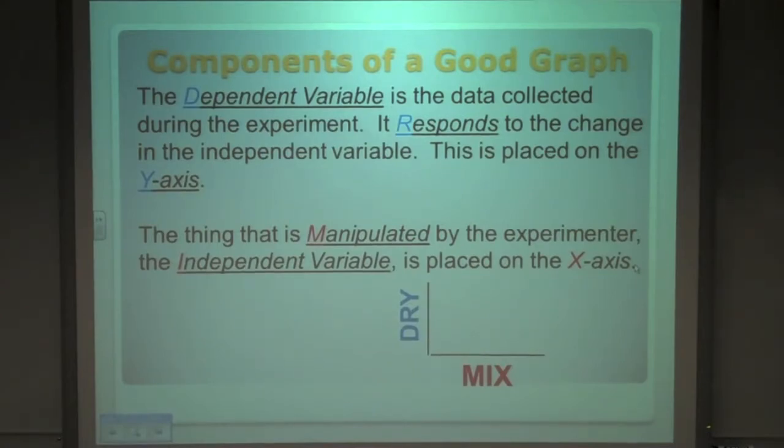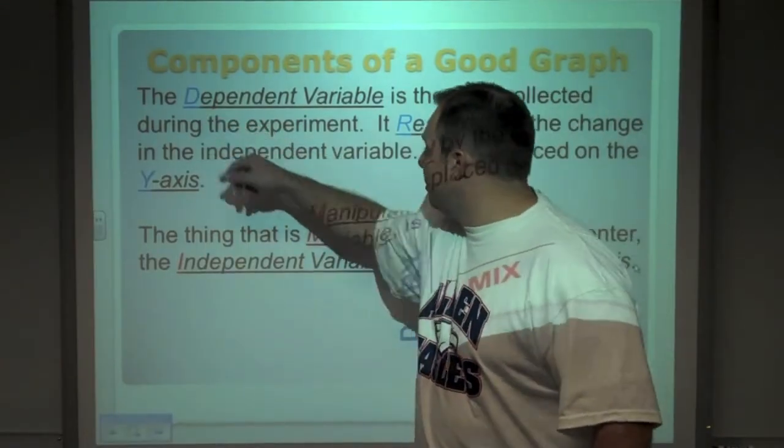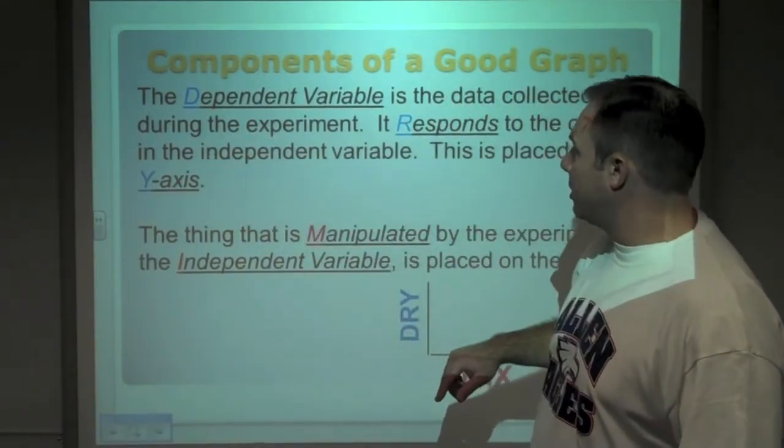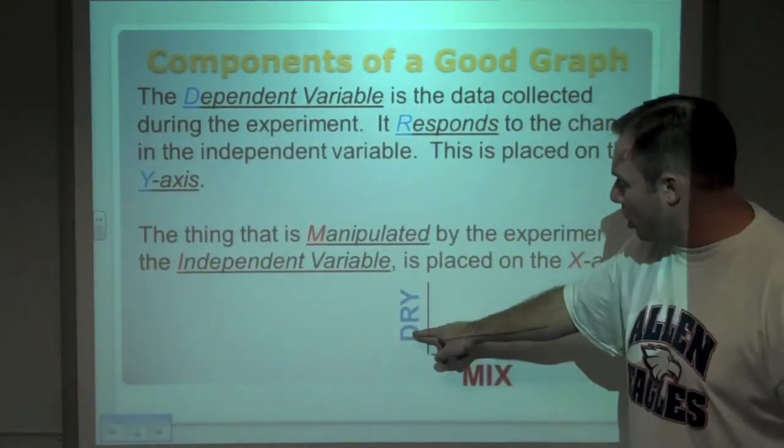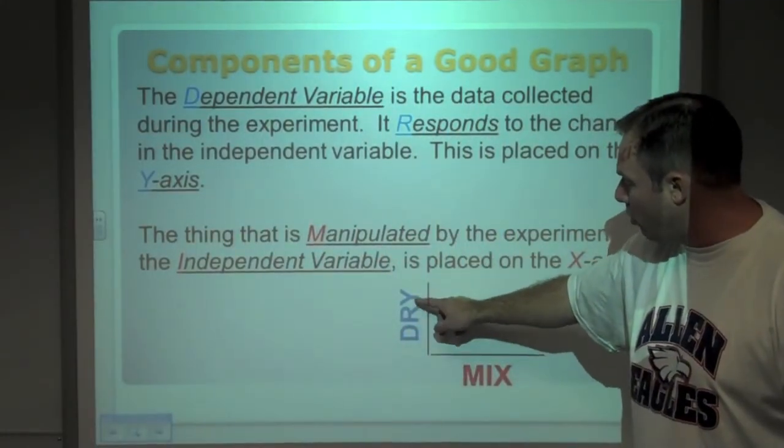The dependent variable, also known as the responding variable, is placed on the y-axis. Dependent variable, responding variable, goes on the y. That simply spells the word dry, D-R-Y.